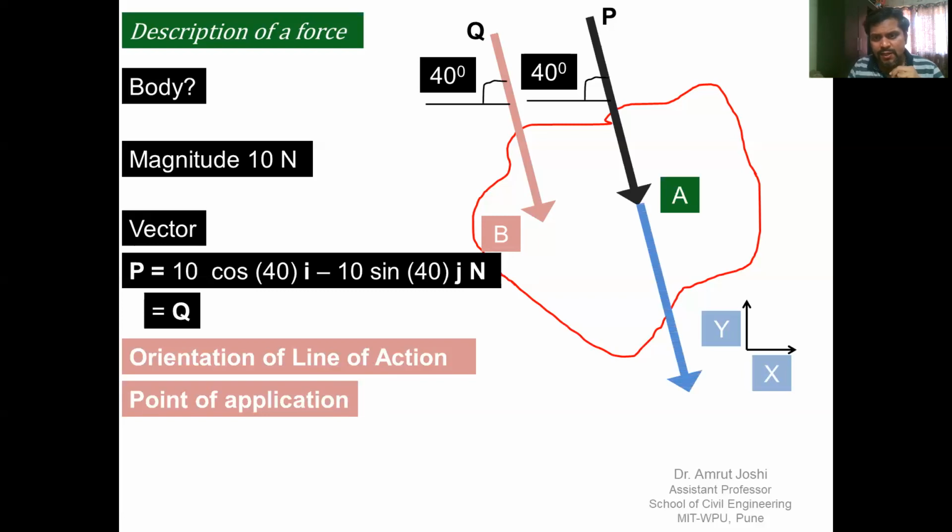Now let us consider force R as shown vectorially again. As long as its magnitude is 10, its vectorial representation will be same as vectors P and Q written in bold script. Orientations of lines of actions of forces P, Q and R are same.